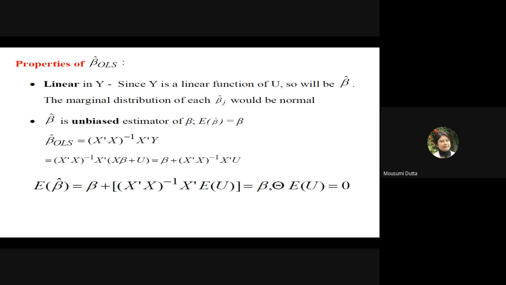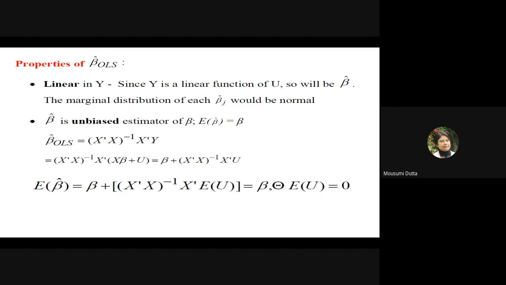I hope you can remember all the beta hat estimators we got in the case of two variable analysis were BLUE, best linear unbiased estimator. Similar properties we are discussing here. Here, I'll not show you that beta hat has the minimum variance, comparing the variances between two beta hats, etc. That will be part of your syllabus.